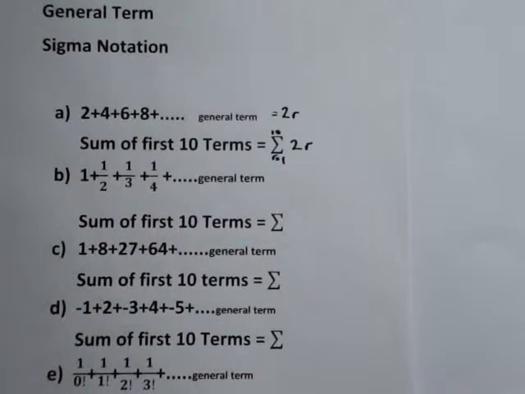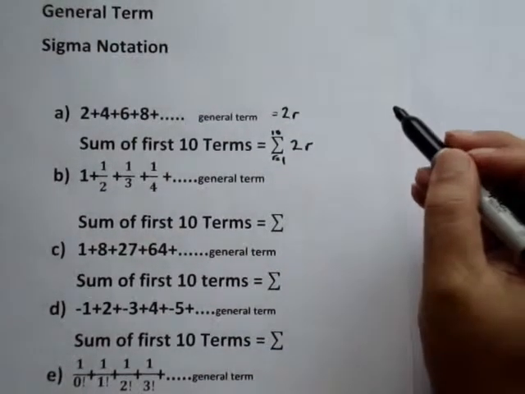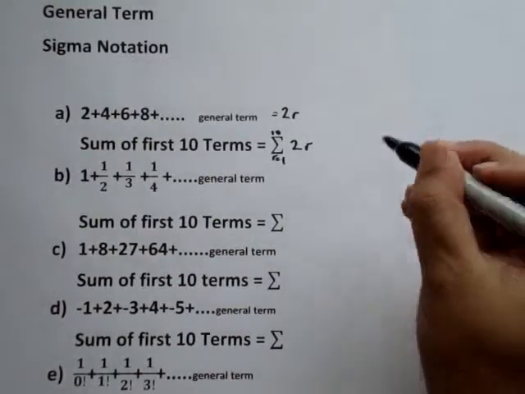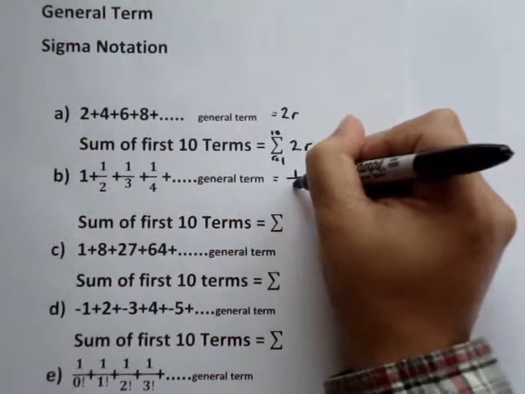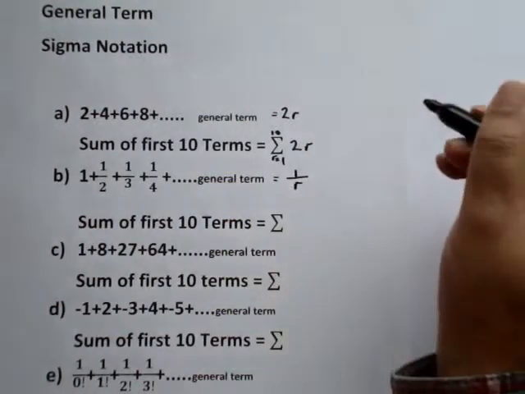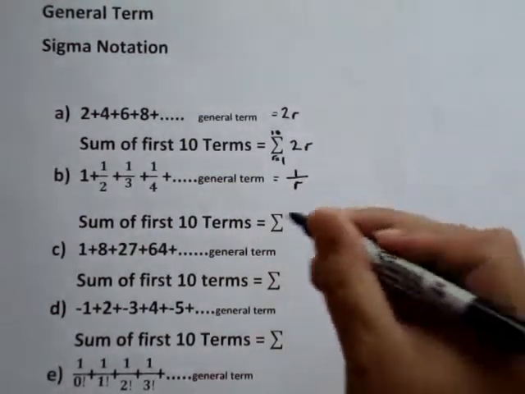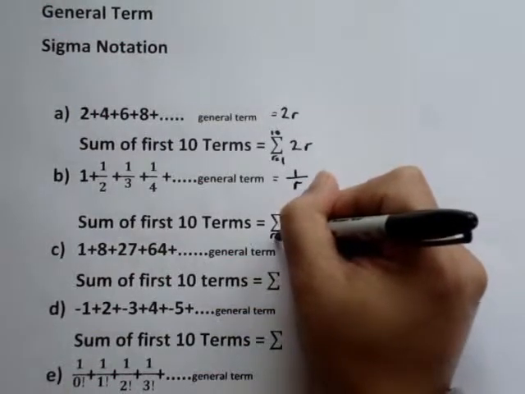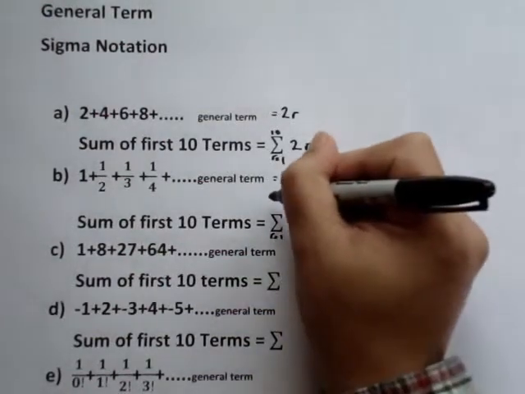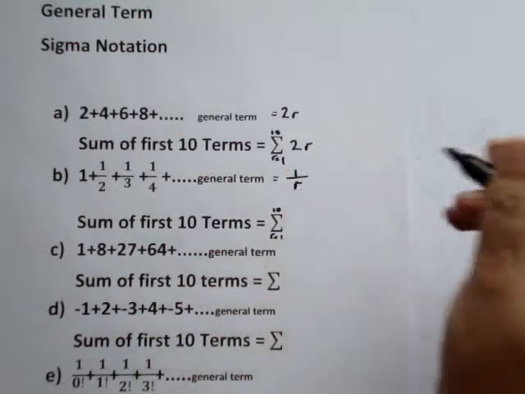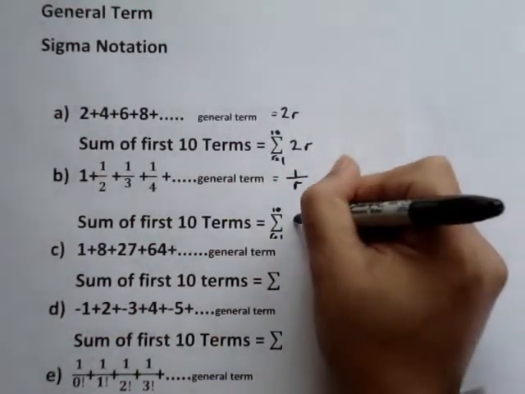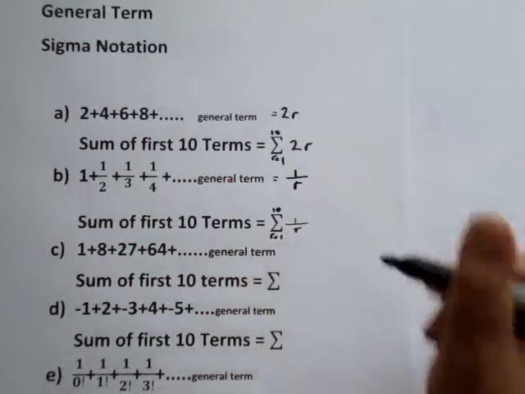Okay, the second one, 1 plus a half plus a third plus a quarter. The general term is 1 over r, and the sum of the first 10 terms, r equals 1 to 10 of 1 over r.